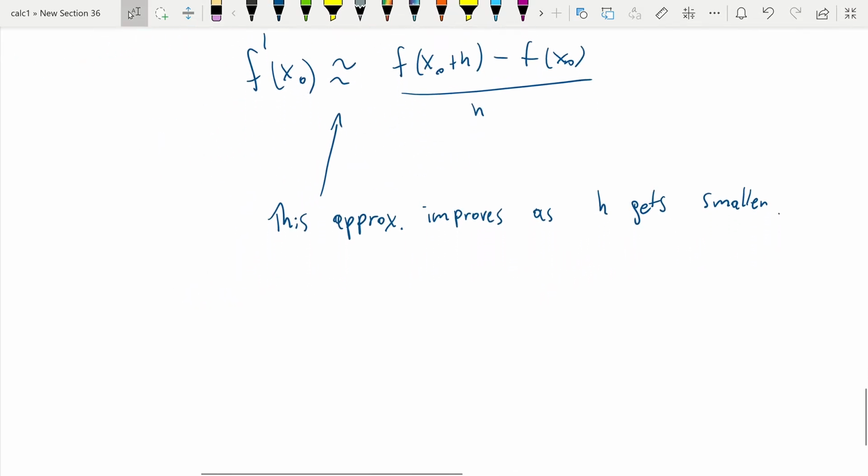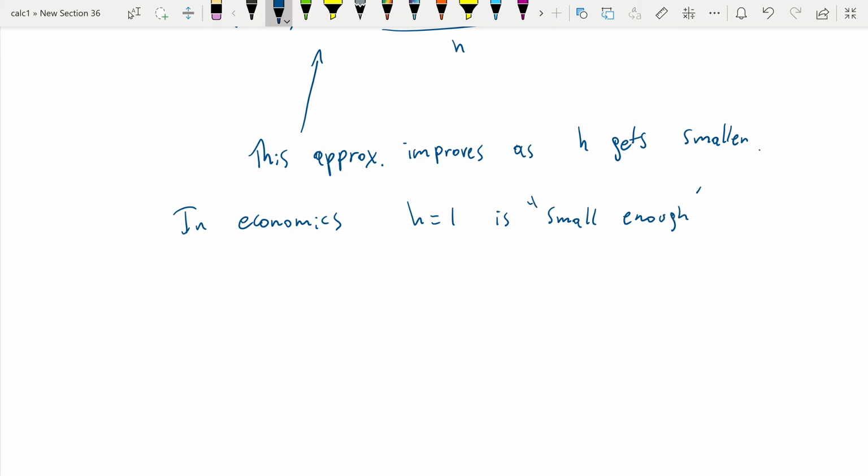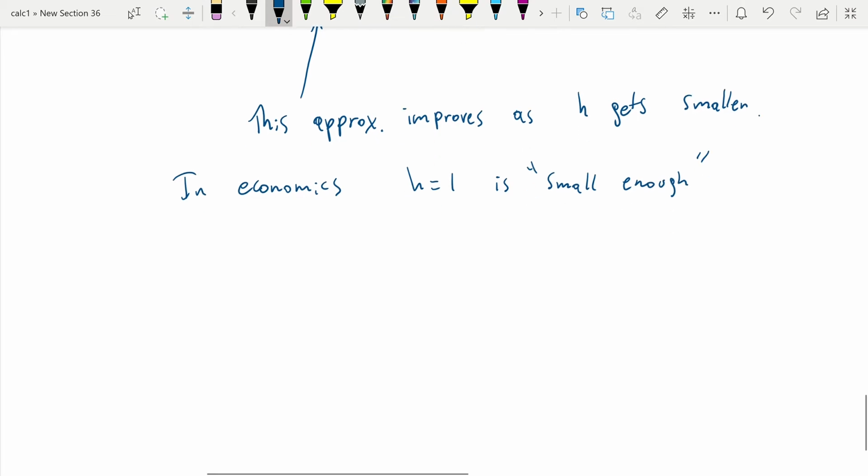Typically we think of h as being 0.00001, or 0.0000001, or something much smaller than that. But in economics, it seems that h equals 1 is small enough to make this a good approximation.